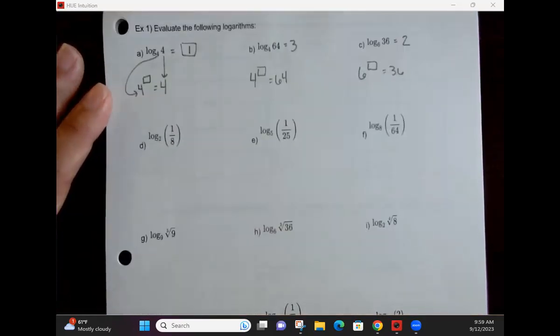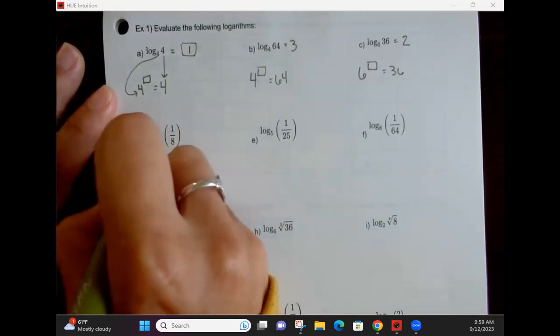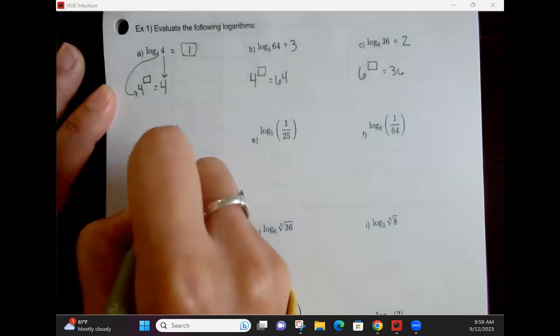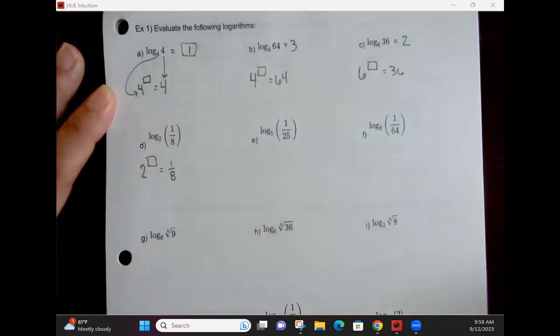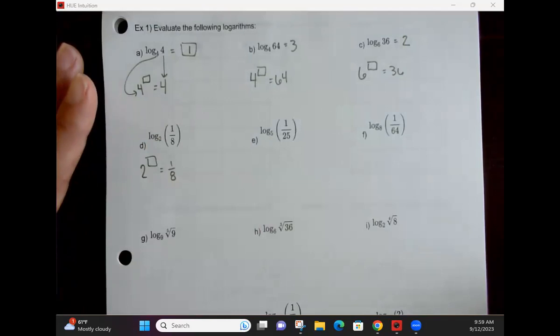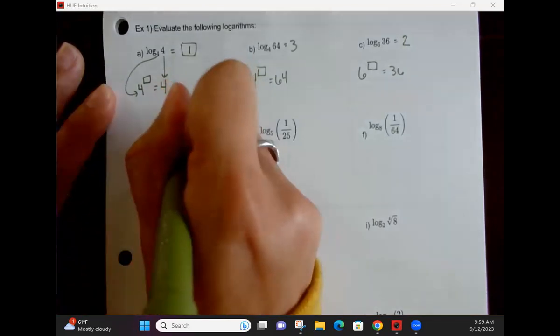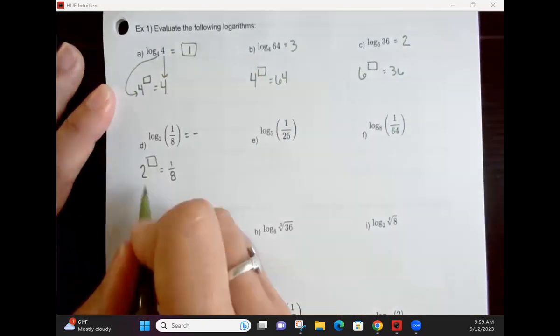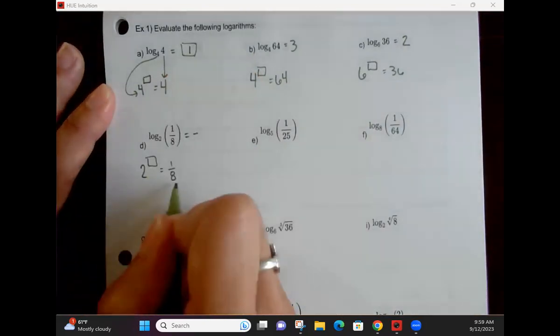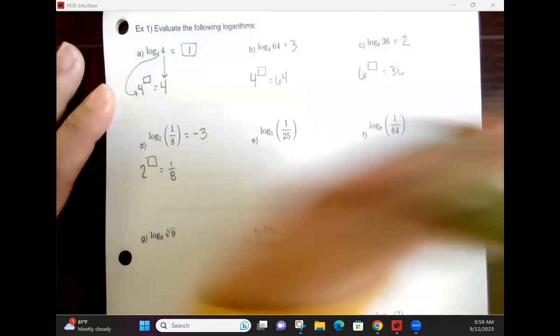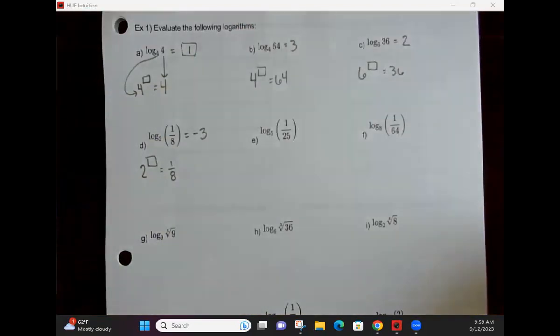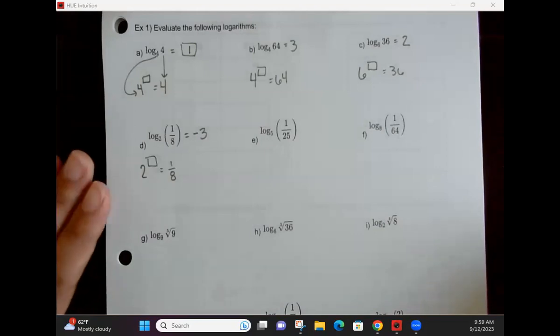For our next row, same idea. So 2 to what power gives me 1/8? Very good. I want a negative exponent here because I went from a whole number to a fraction. That means I had to flip, I had to take a reciprocal here. And then 2 cubed would give me 8. It's the same idea, but those exponent rules that we've talked about are going to come into play here.